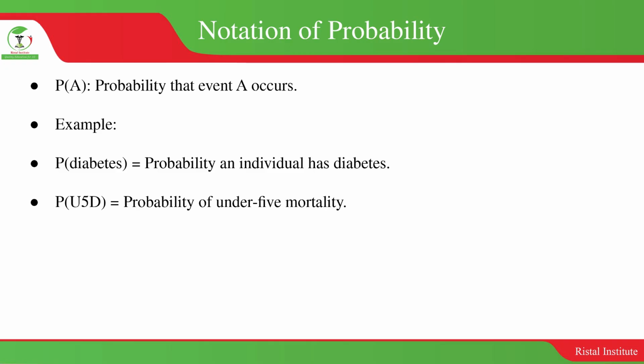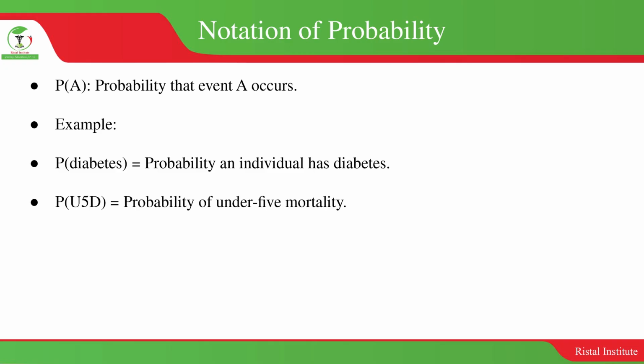So in any regard, you can write probability of A, where P is followed by parentheses. And in that parenthesis, like we said earlier in our definition of probability, we are trying to figure out the chances that something will happen.